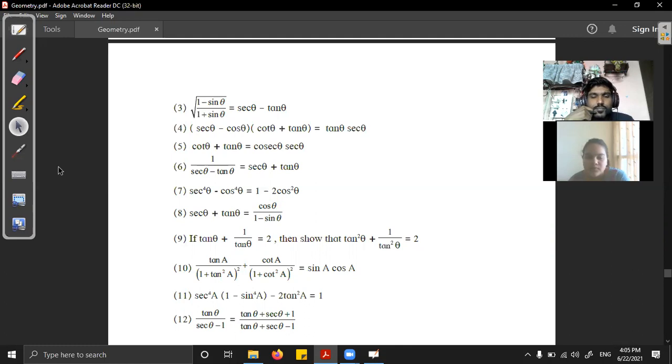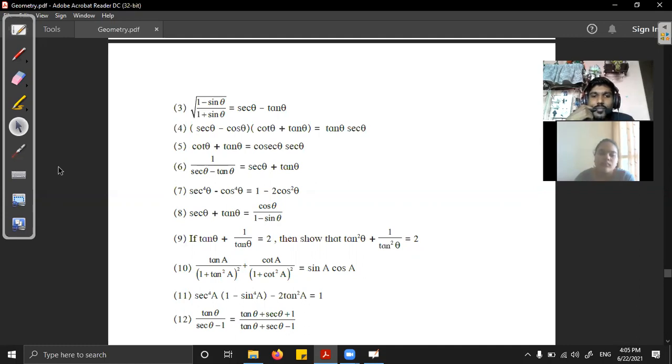Yeah, they did that cos theta. That is obviously the RHS, cos theta upon 1 minus sine theta. So they multiplied it by 1 plus sine theta, 1 minus sine theta. It is the same thing.